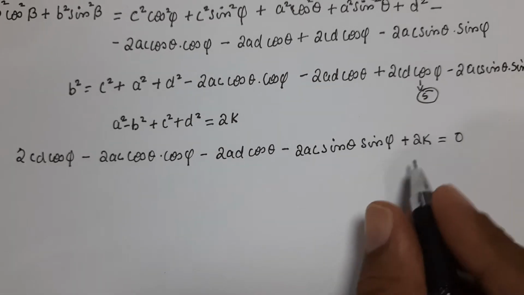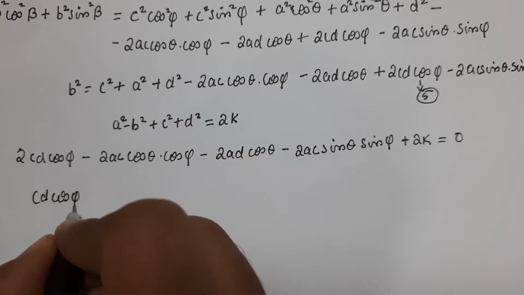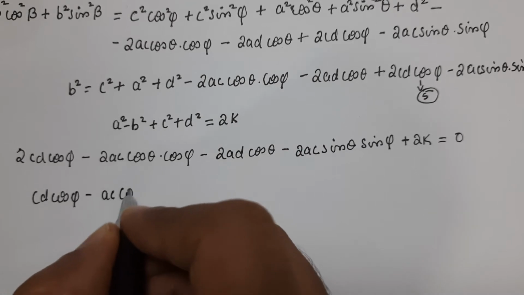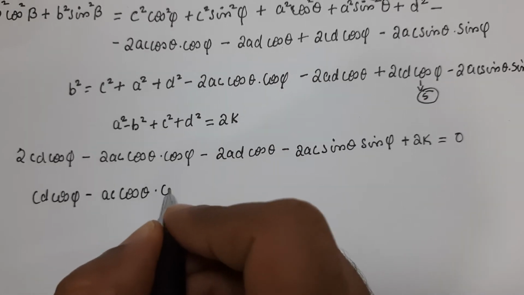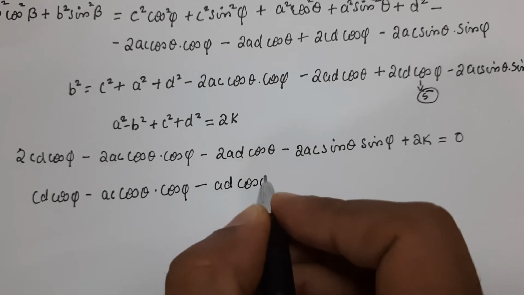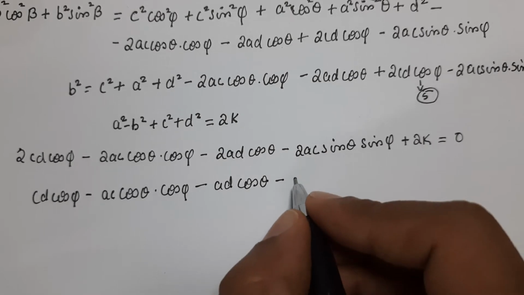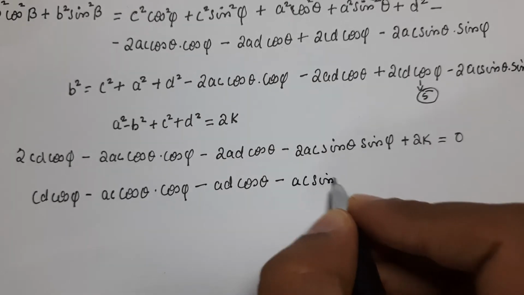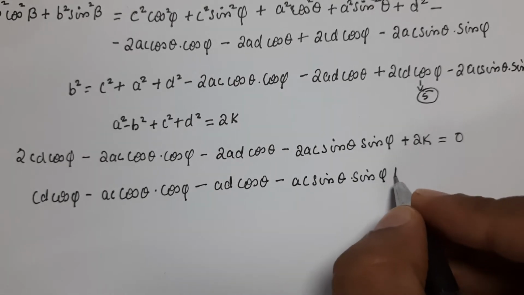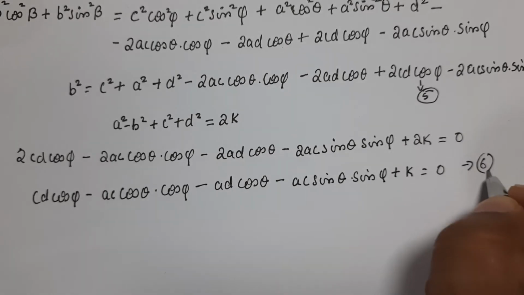So we can simplify and write this equation as cd cos phi minus ac cos theta cos phi minus ad cos theta minus ac sin theta sin phi plus k is equal to 0. We'll take this as equation 6.